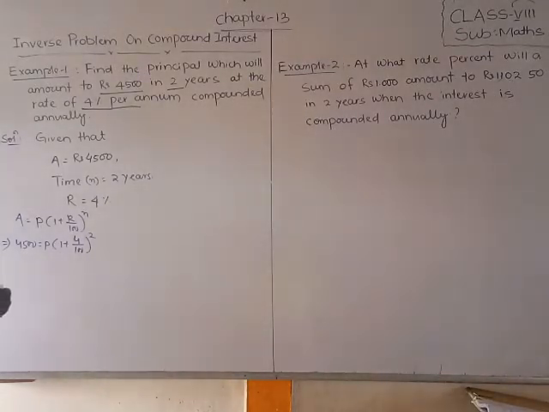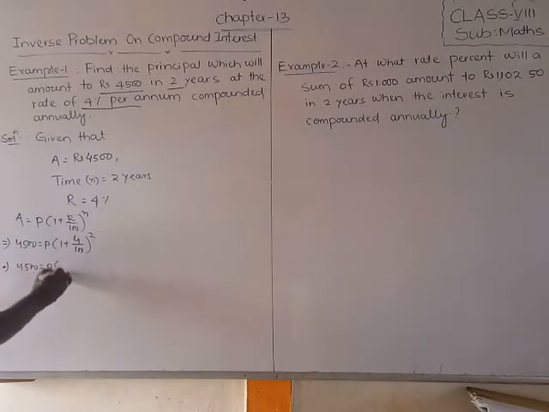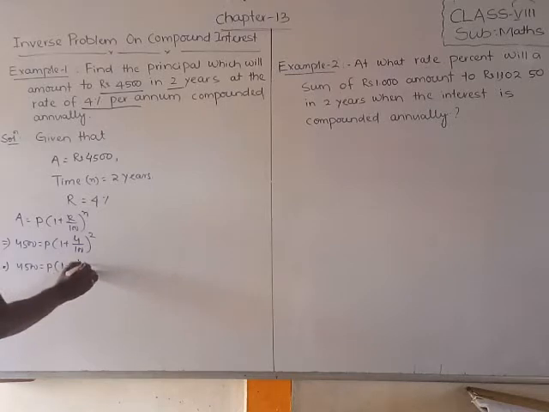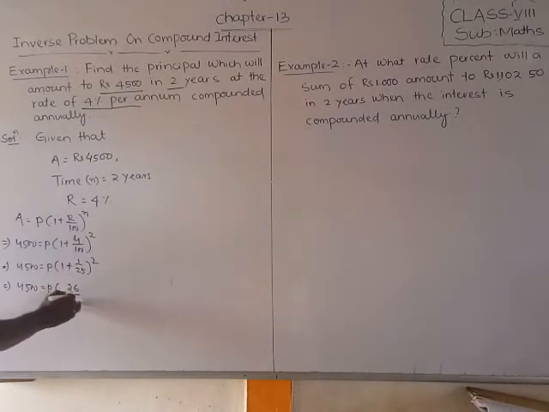Now observe, 4,500 equals P into (1 plus 1 by 25) whole square. Taking the LCM, we get 4,500 equals P into (26 by 25) whole square.